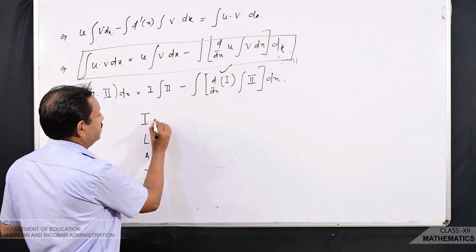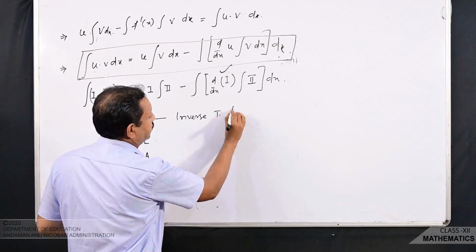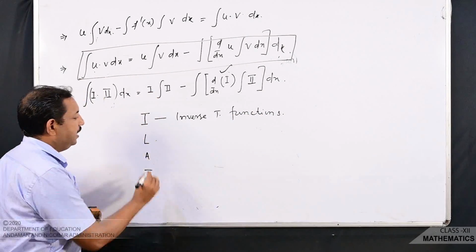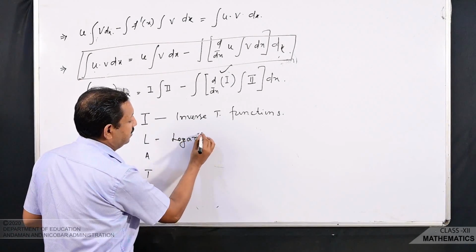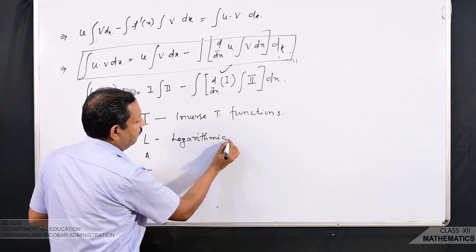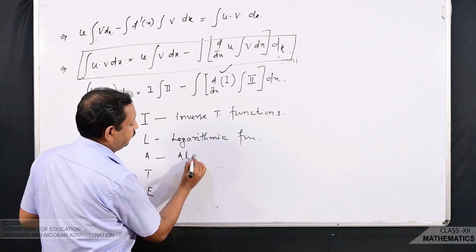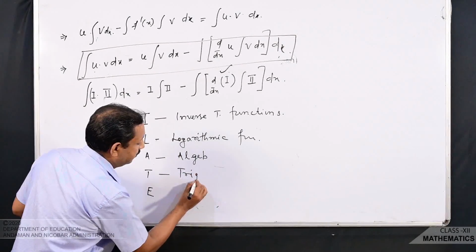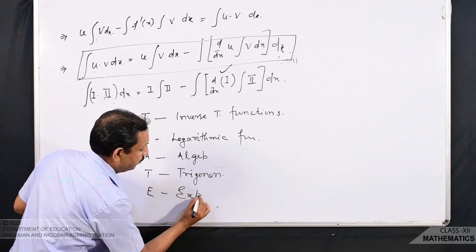I means inverse trigonometric functions, L for logarithmic functions, A for algebraic functions, T for trigonometric, and E for exponential.